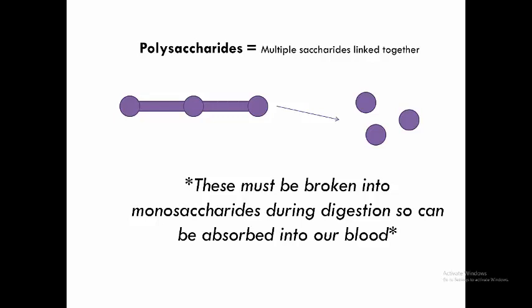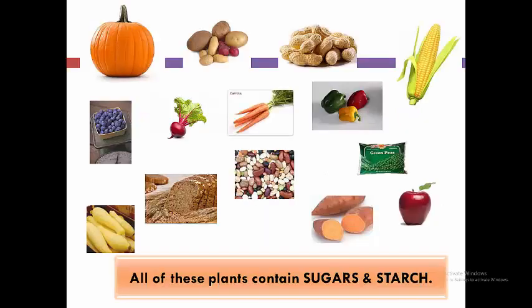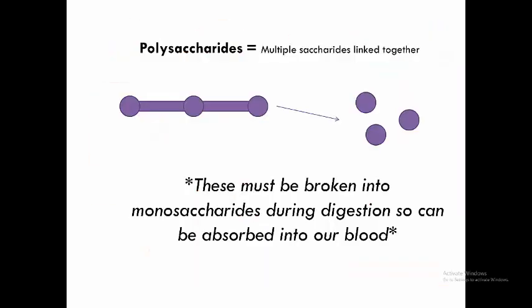So these polysaccharides, these complex carbohydrate structures made up of multiple saccharides, will be broken down when we eat them. So if we eat one of the foods here, then as we chew, some of these are broken apart. As it reaches our stomach, the acids and chemicals in our stomach start to rip these long linked chains apart. And as our stomach contents empty into our small intestine, more chemical action takes place.